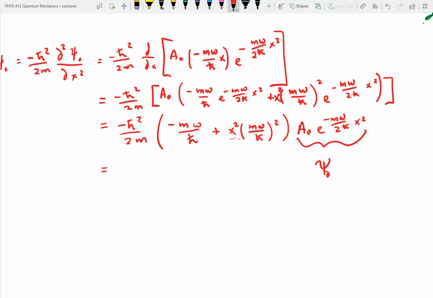And if I bring these things together, my spacing is fine here.